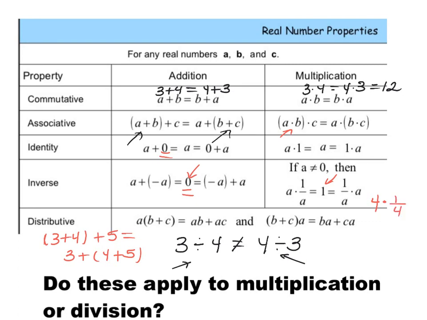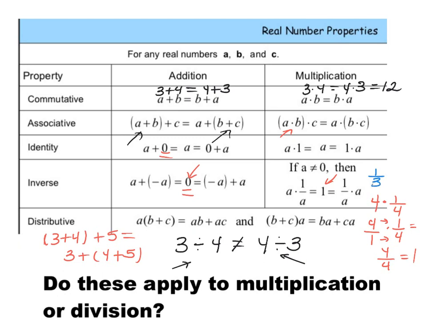4 times 1/4, if I do the multiplication, I can rewrite this as 4 over 1 times 1 over 4. I multiply straight across, and I get 4 over 4, which is 1. So what's the multiplicative inverse of 1/3? Let's look at 1/3.